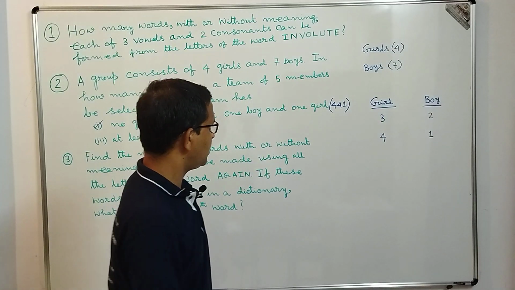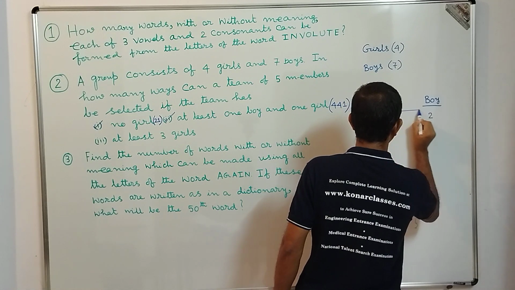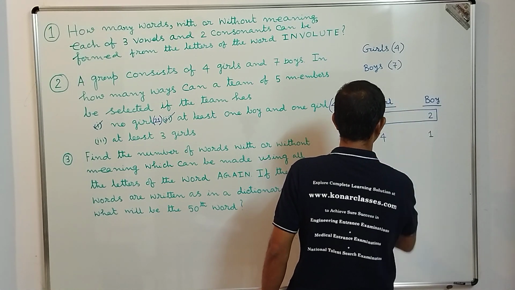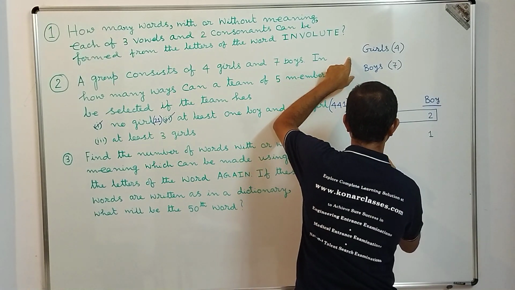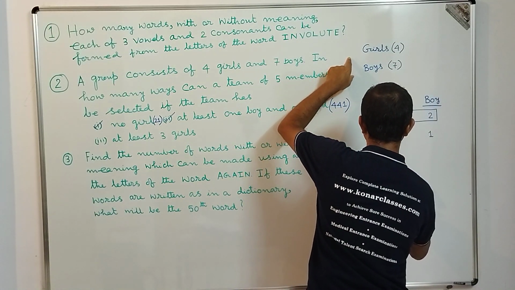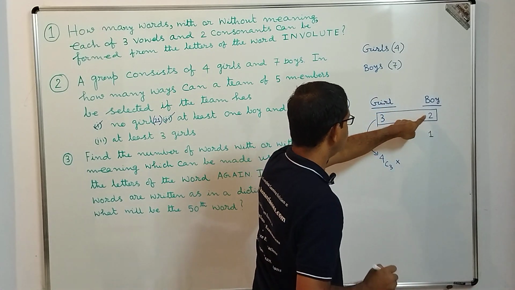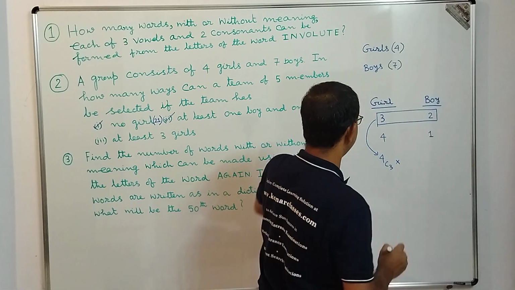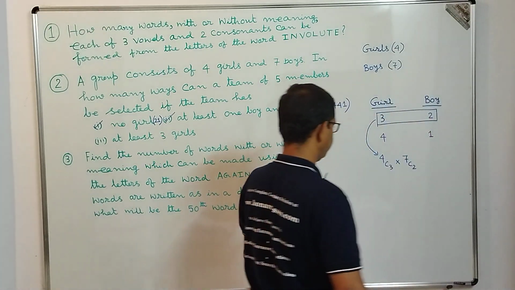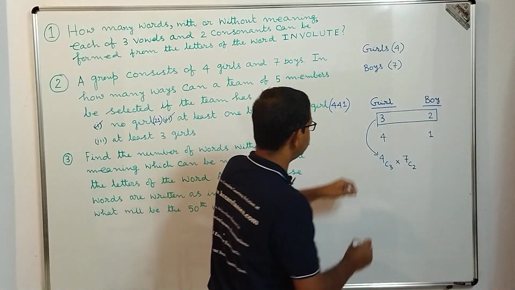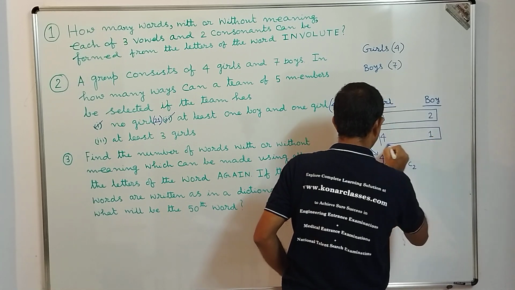Correct? Now, if we look into this particular one, in how many ways can we select 3 girls from 4 girls? That should be 4C3 ways, and for each of these selections we can select 2 boys from the set of 7 boys in 7C2 ways. Correct? Now let's concentrate on the second criteria, that there are 4 girls and 1 boy.